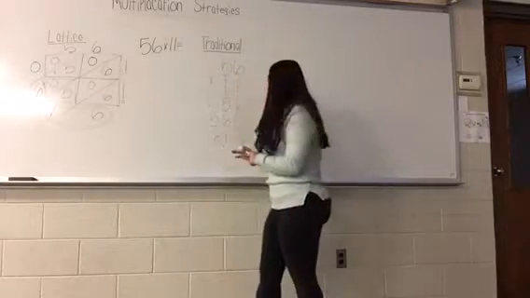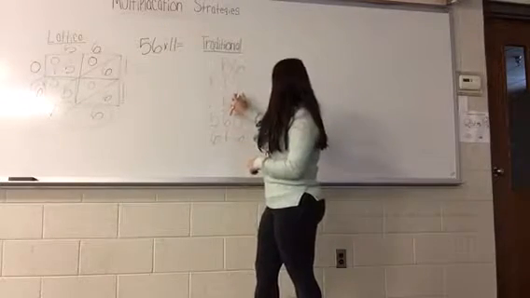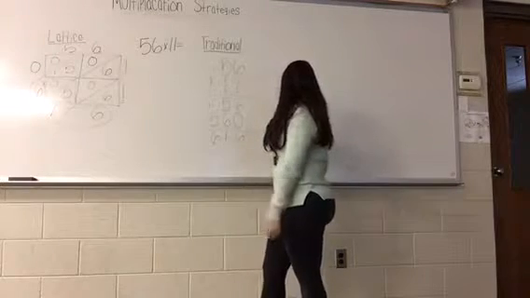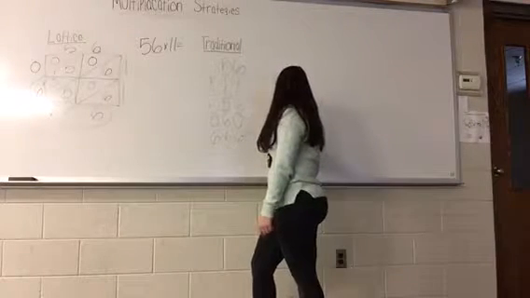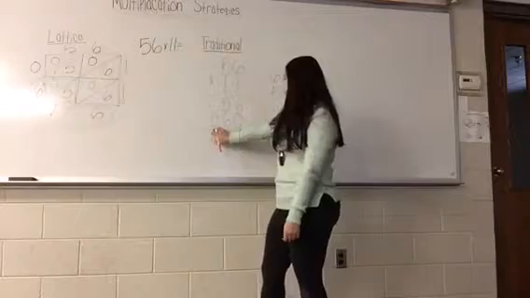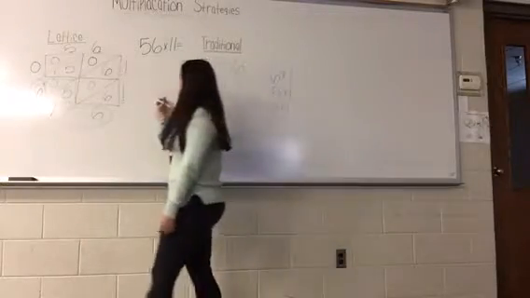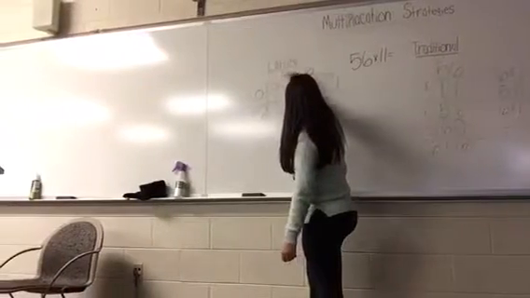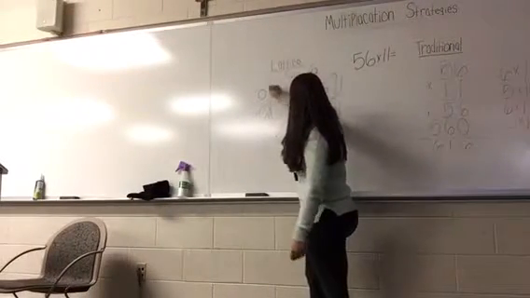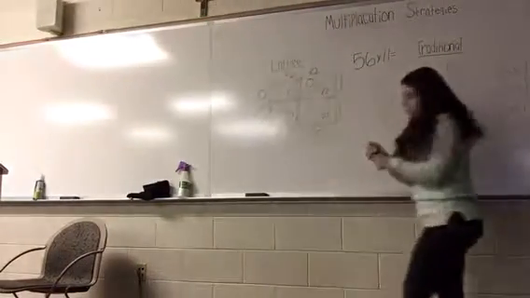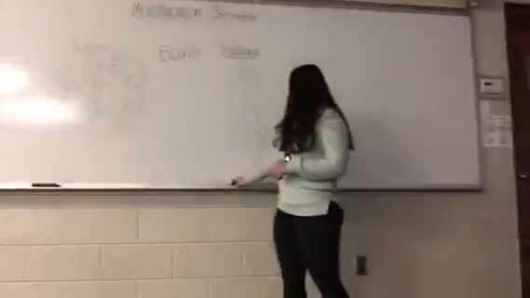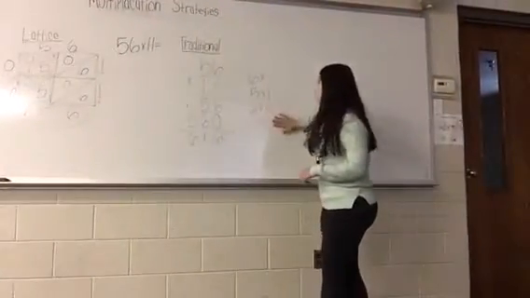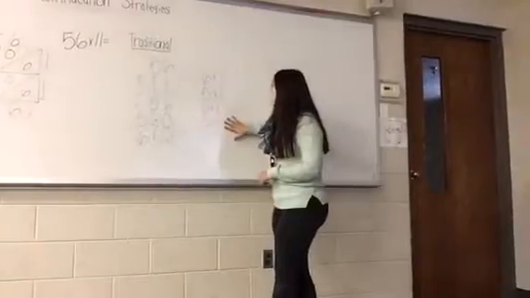Lastly, in my traditional method, I multiplied 5 times 1, giving me my 5 here. That is represented in the lattice method by this box here. So you can see in both methods we did the same exact multiplication problems.